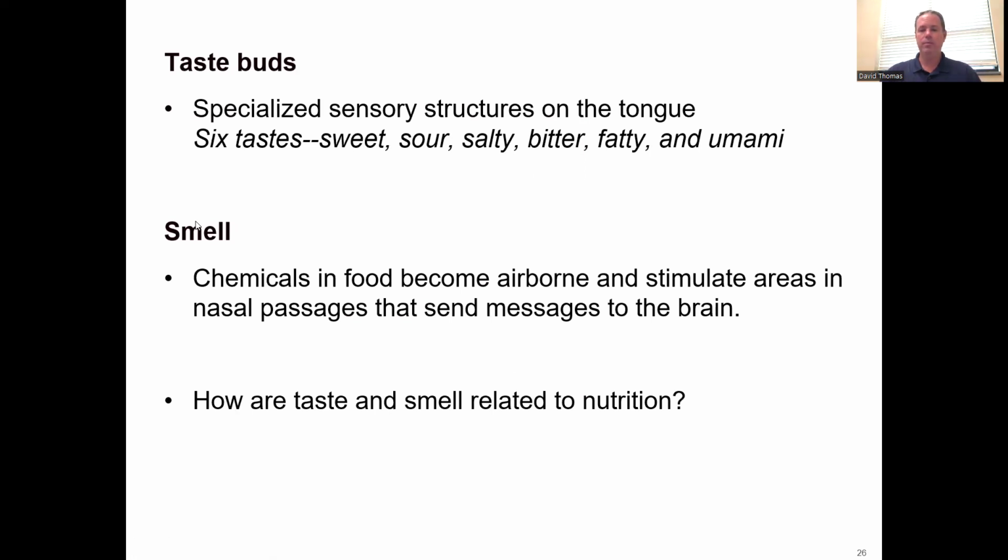The smell, we may not realize it, but smell plays an important part in our taste as well. That's because our nasal passage has receptors in it that send up the sense of smell as we're eating food. That's also sending the sense of smell to our brain and helping us to perceive those flavors and those tastes.